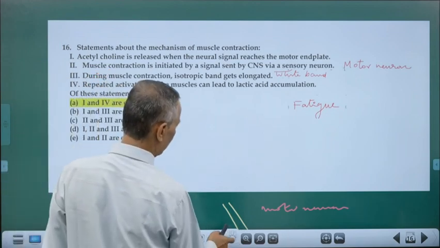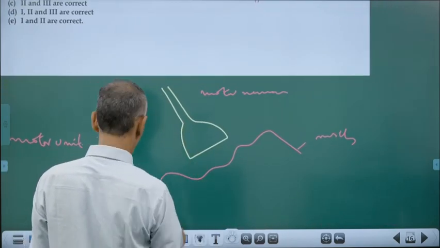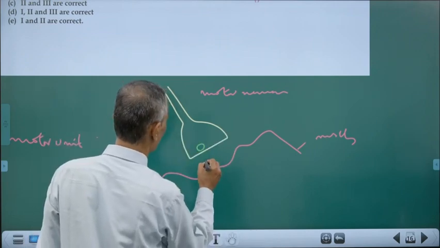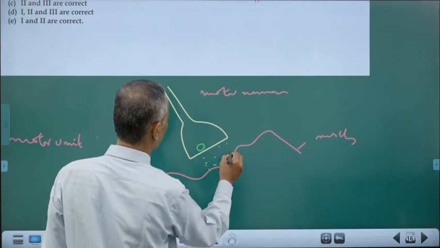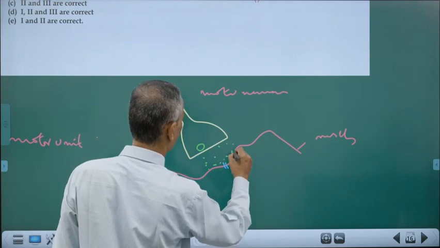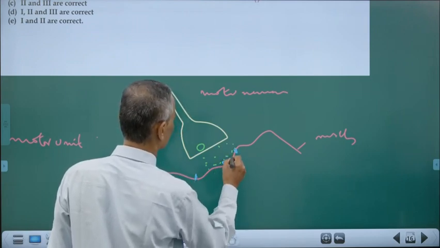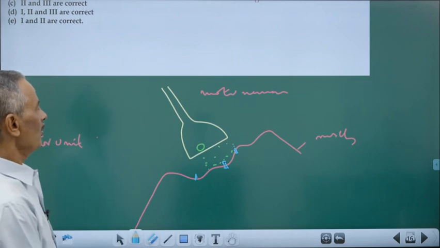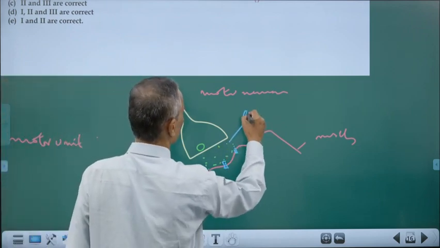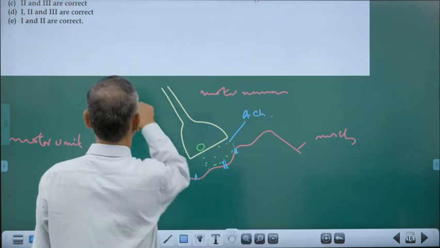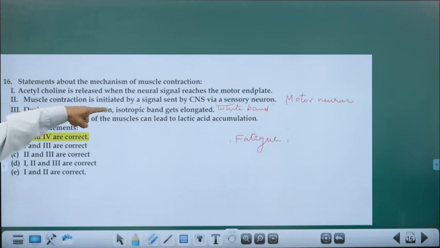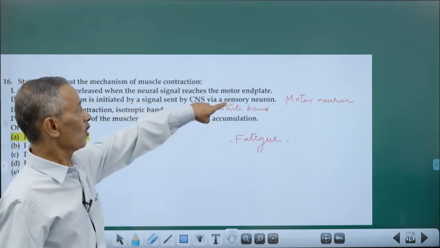When that signal reaches here, the neurotransmitters are released, and that neurotransmitter will be accepted by the receptors present on the membrane of the muscle fiber. And here the chemical neurotransmitter will be acetylcholine. Correct.